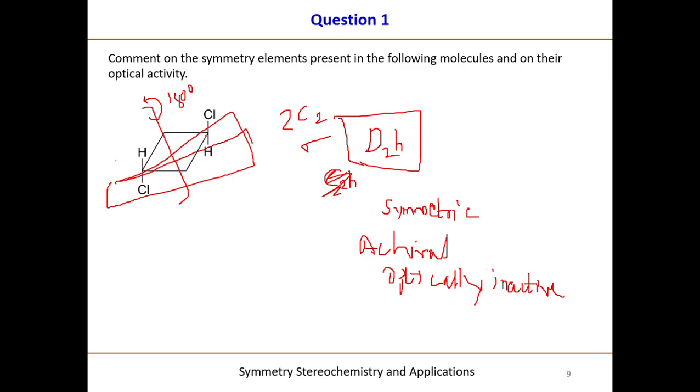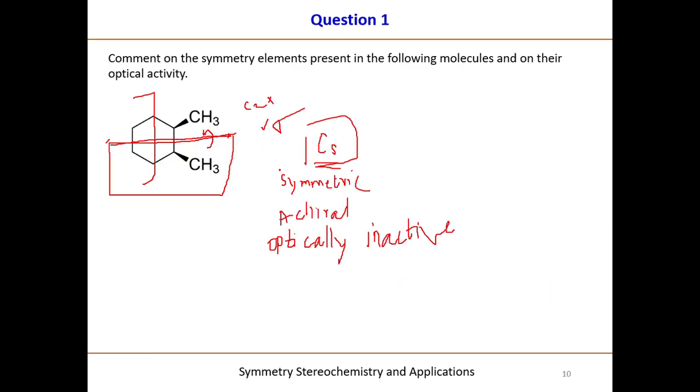Because the plane of symmetry was perpendicular to the principal axis, we have written h. So it comes under the D2h point group, and because of the plane of symmetry, the molecule became symmetric, achiral, and shows optical inactivity. That means an optically inactive molecule.